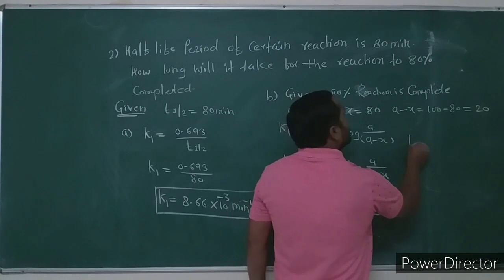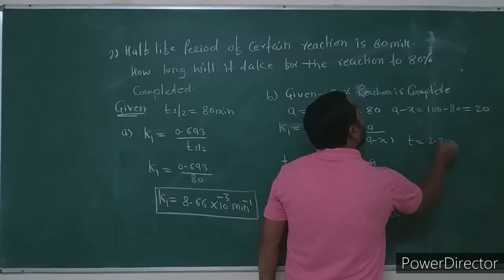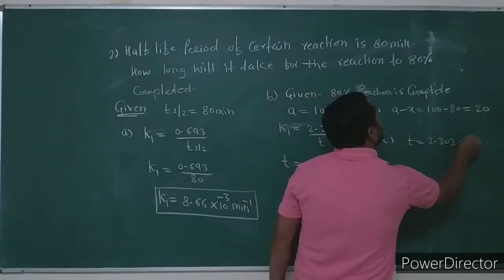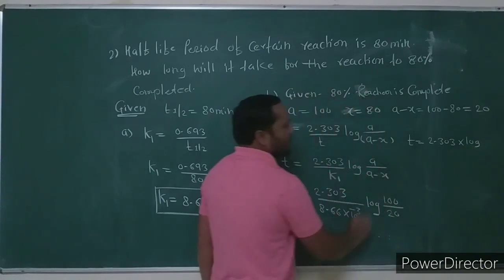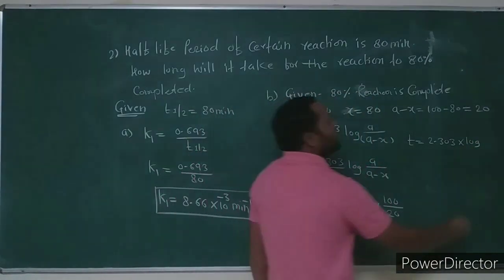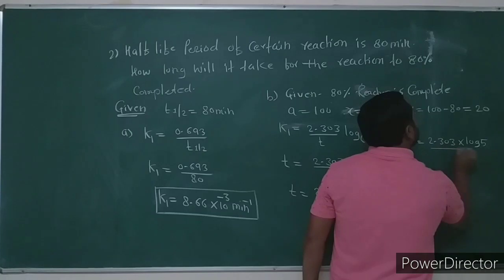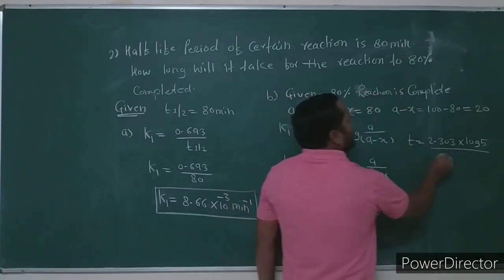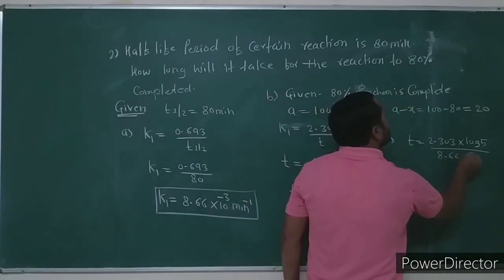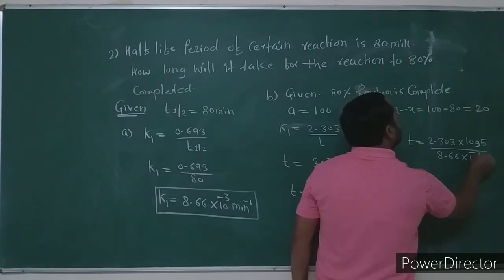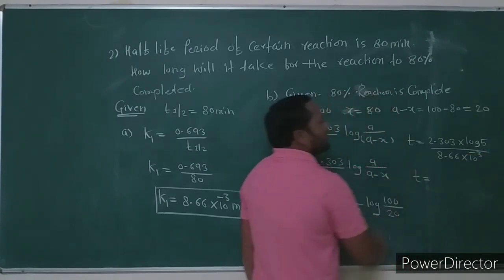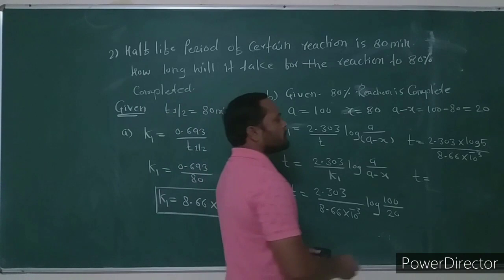Then T is equal to 2.303 log of 100 by 20, which is log 5, divided by 8.66 into 10 raised to minus 3.